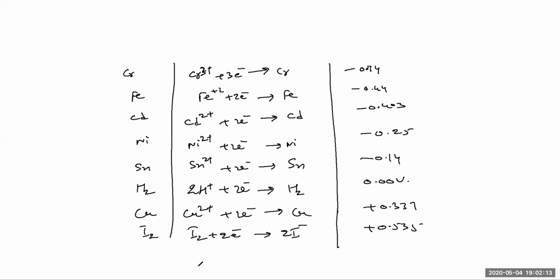Next, after iodine, silver will come, Ag. Silver is reduction only. Silver plus electron becomes Ag. So here it is plus 0.799. So I'm clearing this, note it down, all of you.